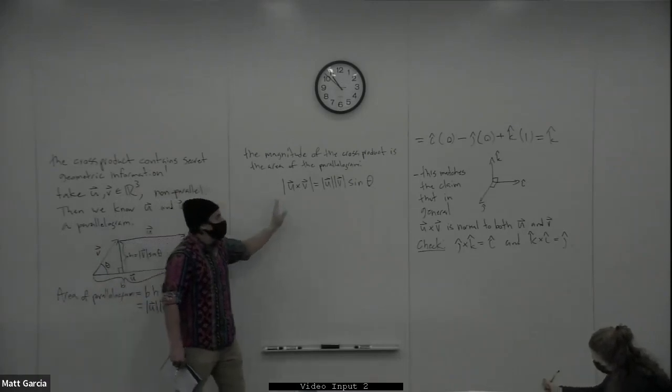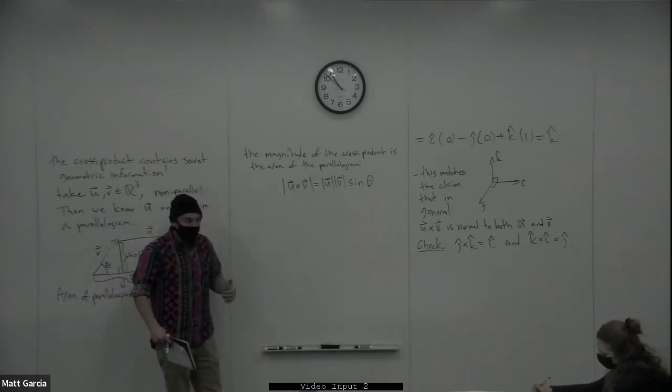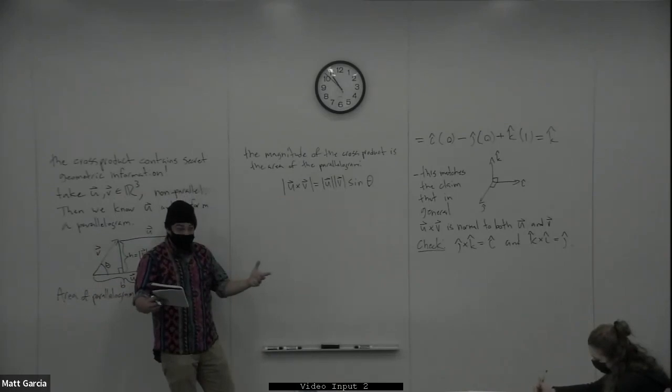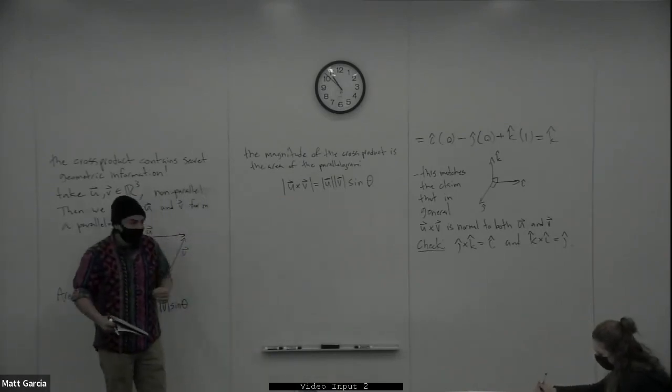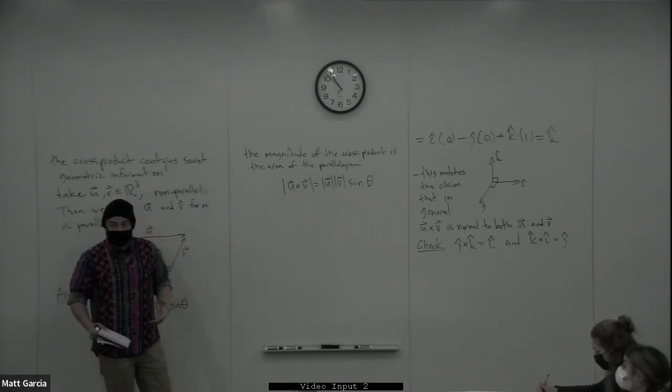So we haven't completely characterized the cross product by this formula, but we've characterized half the information, right? Magnitude, but not yet direction. Whereas in the formula for the dot product, since that's just a scalar, it's completely determined by the cosine of the angle between two vectors.